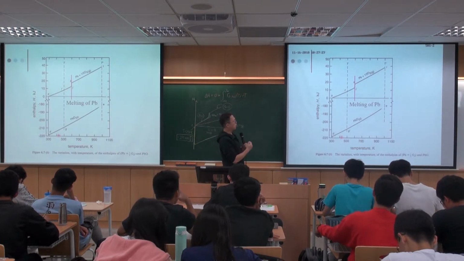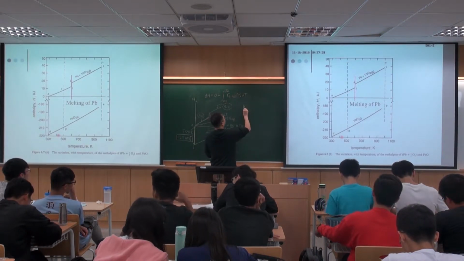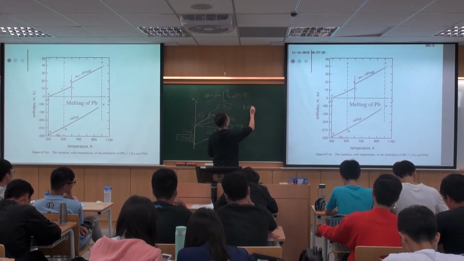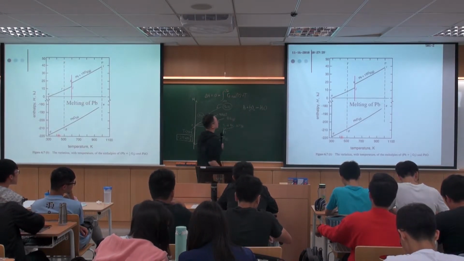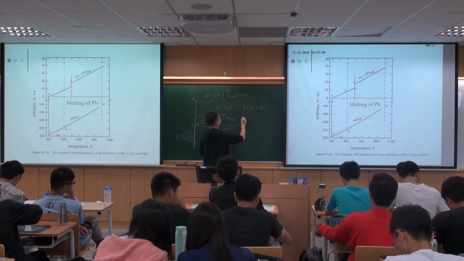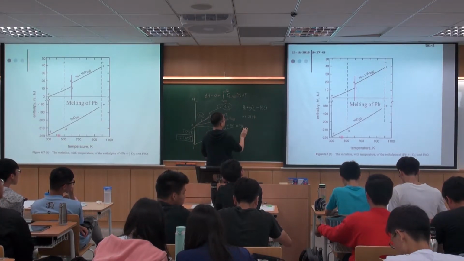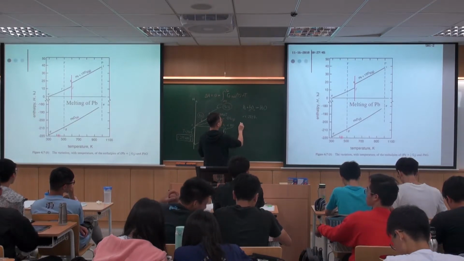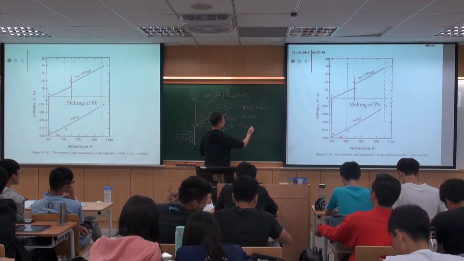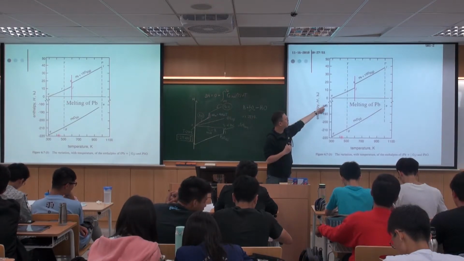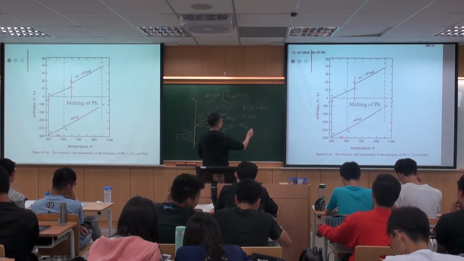So if you want to calculate delta H for this reaction, for instance at 298 Kelvin, then we already know that the delta H is this value, right? So that value is this.